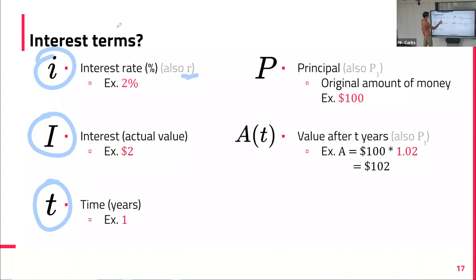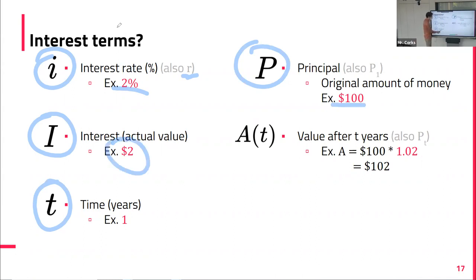So let's say we have 2% interest and we have a principal value, a starting value, of $100. The original value of a loan or investment, whatever, at 2%. So 2% of 100 is $2.